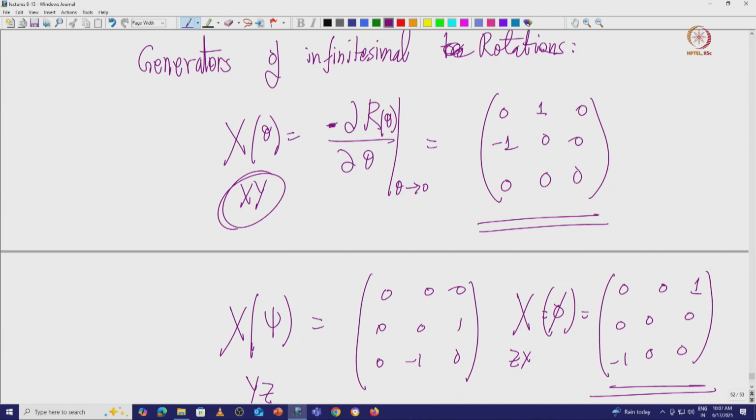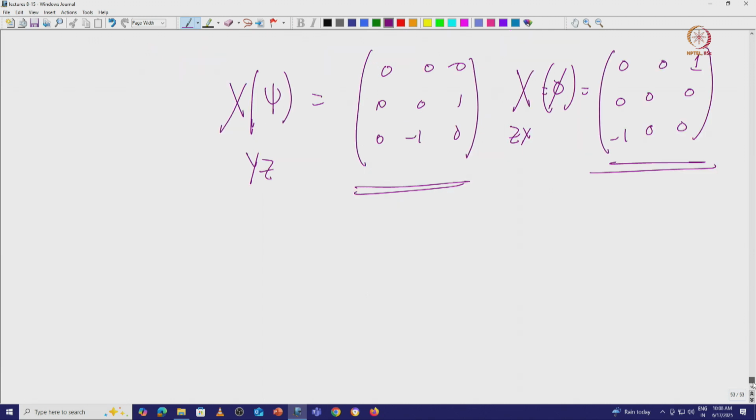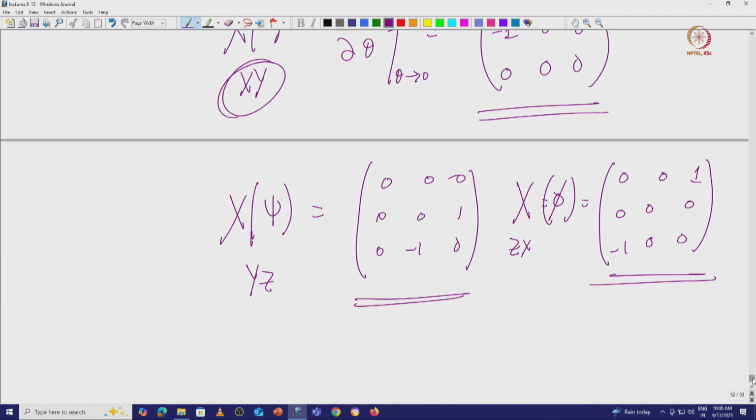There are sometimes sign conventions. This is given by a 3 by 3 matrix which has all other entries 0 except where the sin theta is, where you have 1 and minus 1. The same thing you can do for the yz plane and zx.